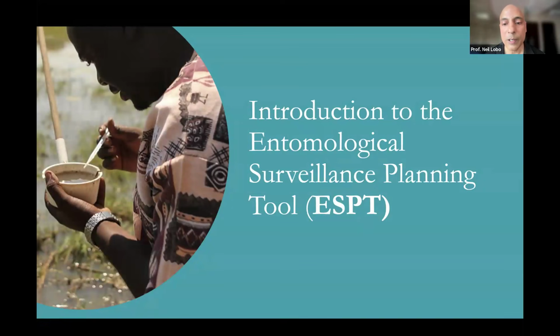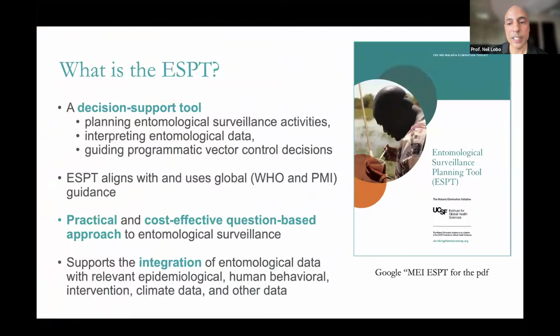So I thought it might be good to just go over this briefly. There's all this reference material already available, so you can download it at any time. I'm going to spend a few minutes going over this so you can see the background to it and where you can access everything. And then I'll start off on my presentations on entomological surveillance.